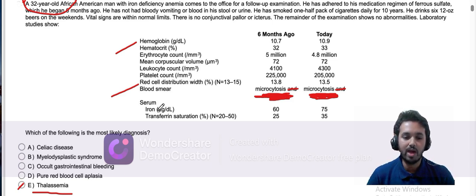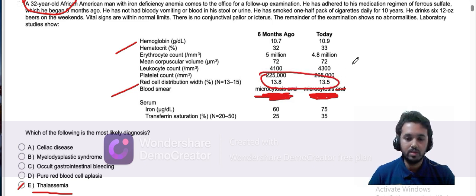But in iron deficiency anemia, the patient is producing small RBC, and sometimes normal, sometimes bigger. So the red cell distribution width in iron deficiency anemia should be increased. Almost all of the time, the RDW should be increased in iron deficiency anemia. But in this case, the RDW is normal, so we can differentiate by seeing that in a few seconds, and we can choose the correct answer.